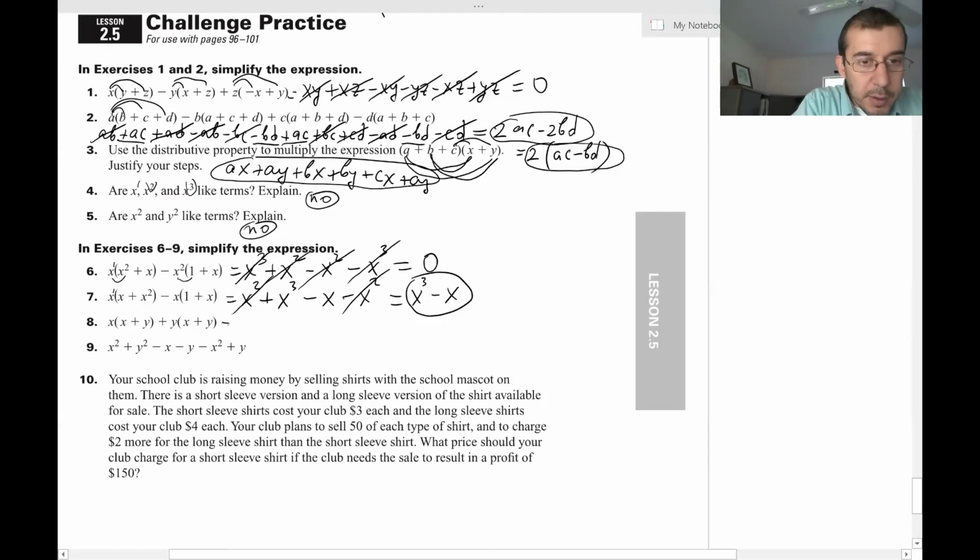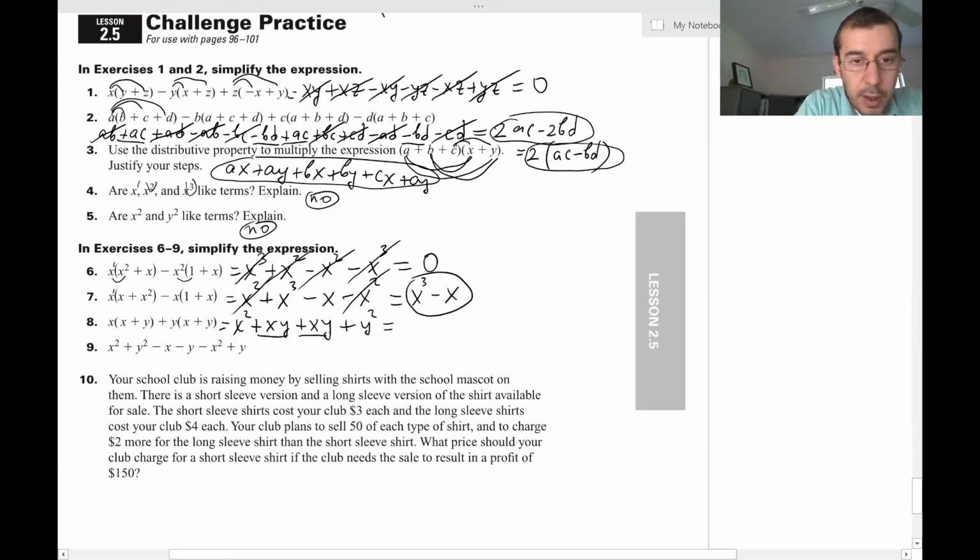Number 8, we have x times x, which is x squared, x times y, which is xy, and then here we have y times x, which is plus xy, and then y times y is y squared.